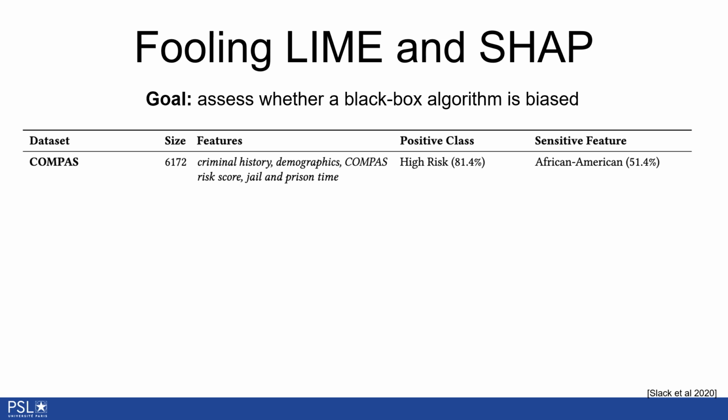Let's look first at the COMPAS dataset, which we have discussed in previous lectures. This dataset consists of data on prison inmates in the US. It contains features based on criminal history, demographics, jail and prison time, and the goal is to predict the risk of future crime. For this dataset, the sensitive feature is African American.